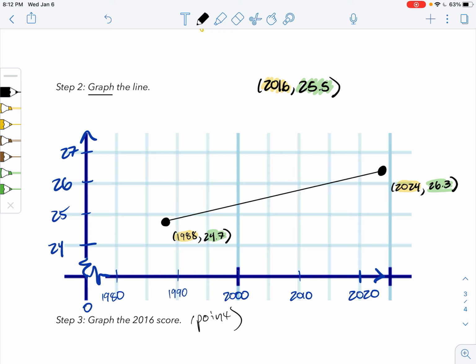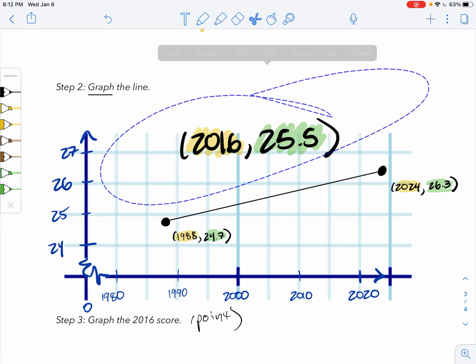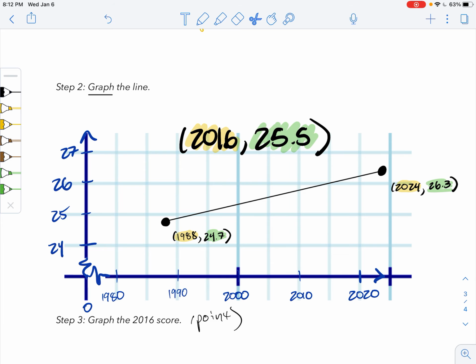Ta-da! Isn't that great? Okay, now finally we need to figure out, were they on track in 2016? So we find the year 2016. It's the year I started working at Whittier Christian. Fun fact. Right there. And there's our 25.5 right in the middle. Uh-oh. You guys. That's not a good sign.